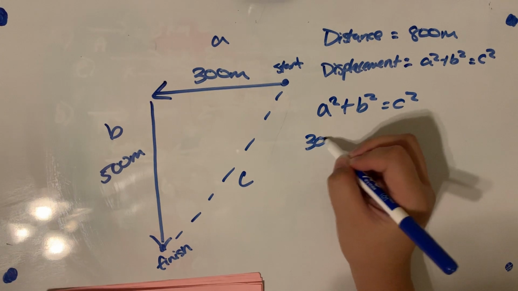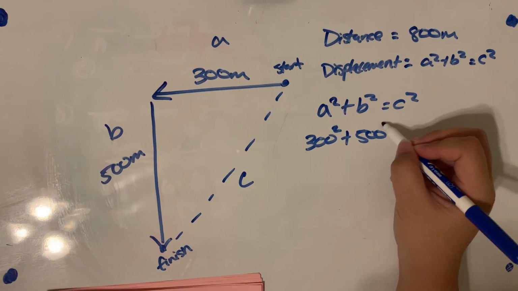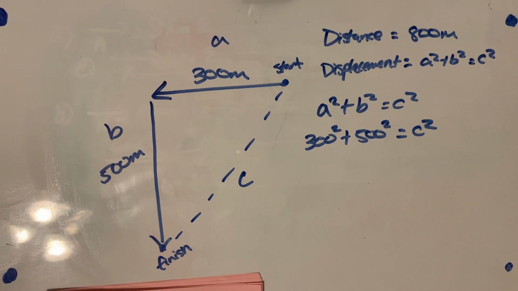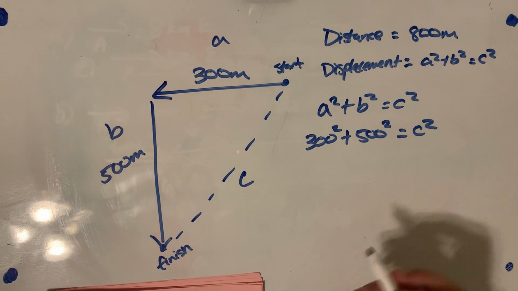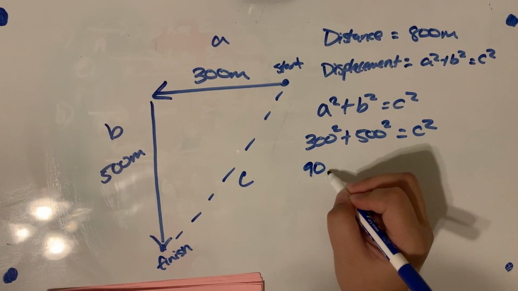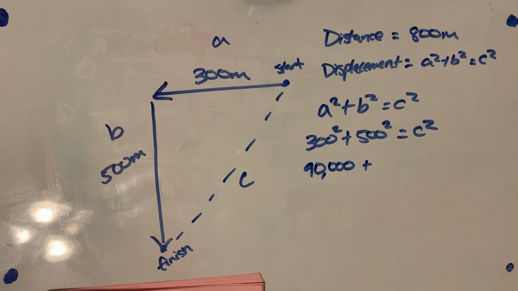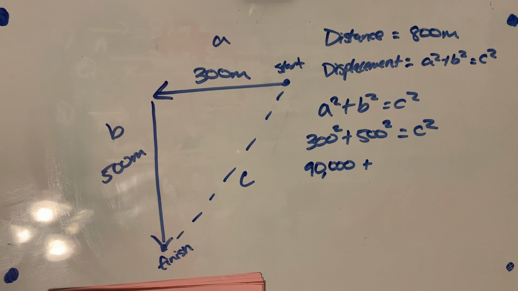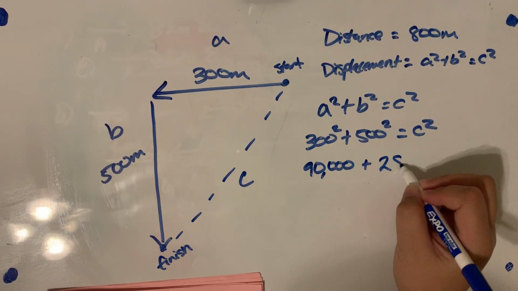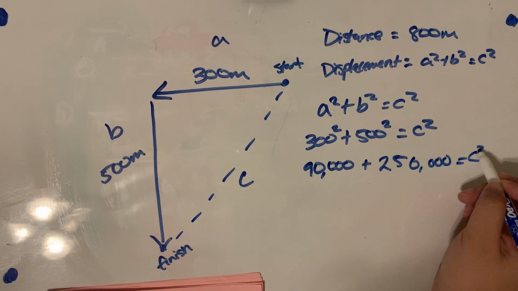My a is 300 plus 500. Sorry, I need to put them squared, equal to c squared. Alright, 300 squared plus your 500 squared equal to your c squared.